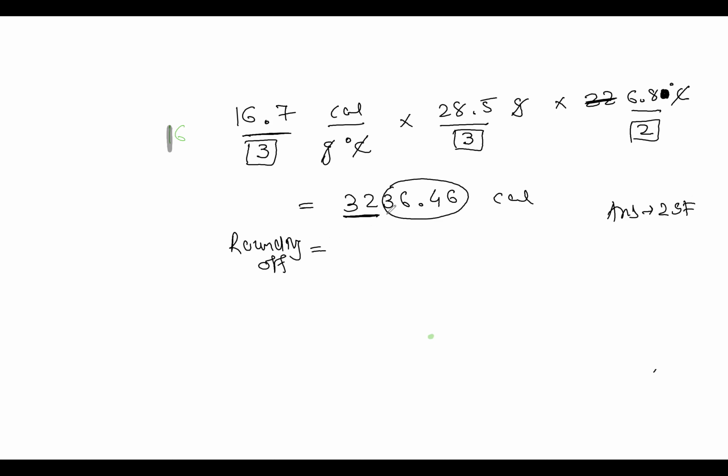Let's just focus on the digit that we are trying to get rid of. It is 3, less than 5. In that case, if we write this in two significant figures, we're just going to say 3200. So 3200 is your answer in the correct number of significant figures.